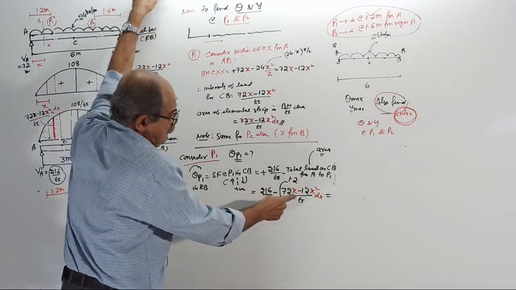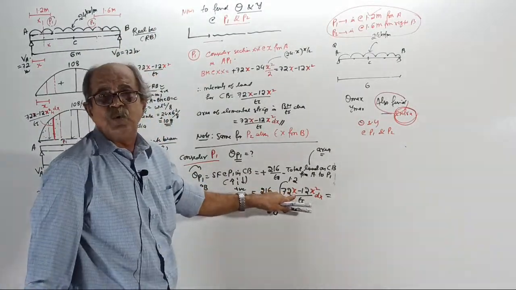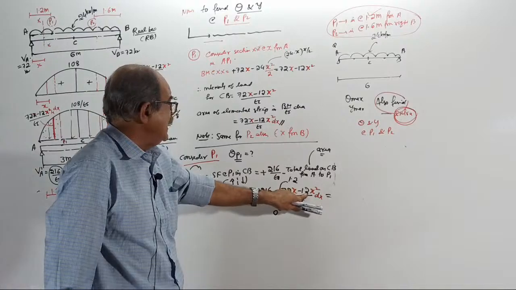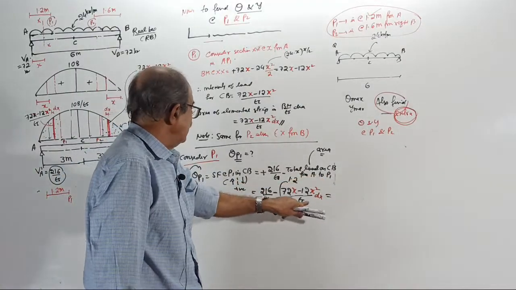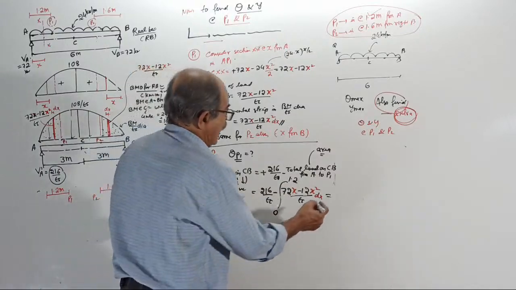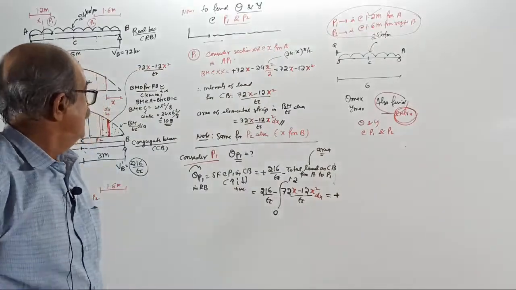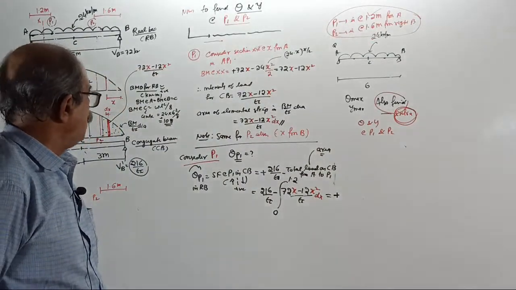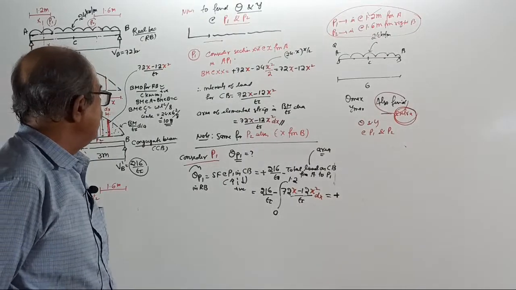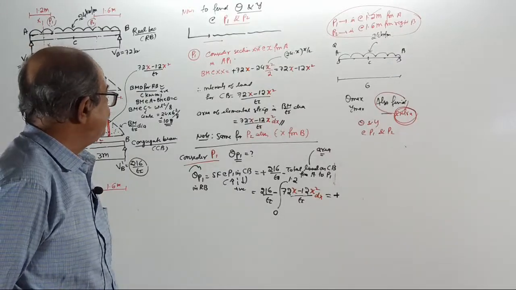216 minus, first to calculate, 72 into 1.2 square by 2 minus 12 into 1.2 cube by 3. That answer subtract from 216. Answer. Fast. Take your calculator. First you do the integration. 72 into 1.2 square by 2 minus 12 into 1.2 cube by 3.